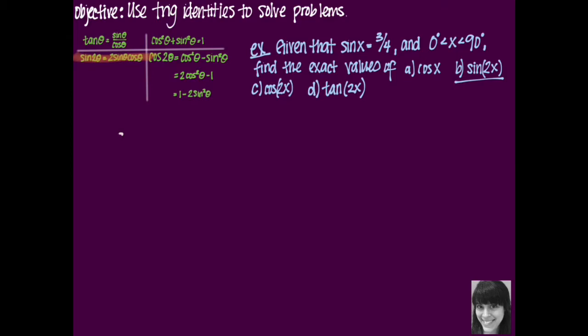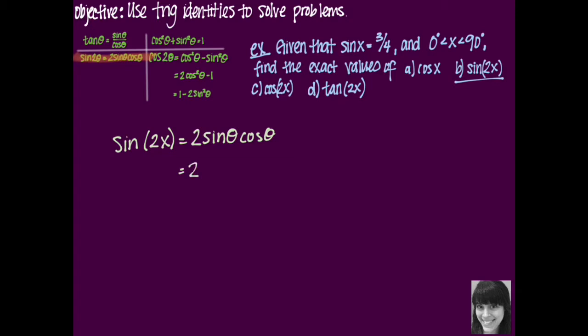So sine of 2x equals 2 sine theta times cosine theta. And because I know both of these values, I just substitute them.